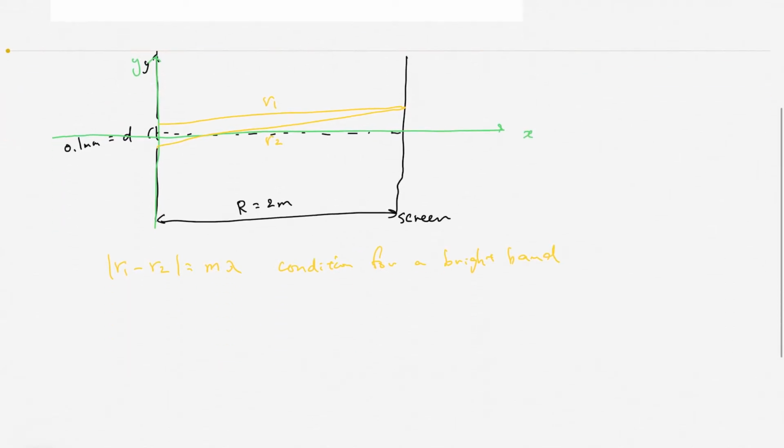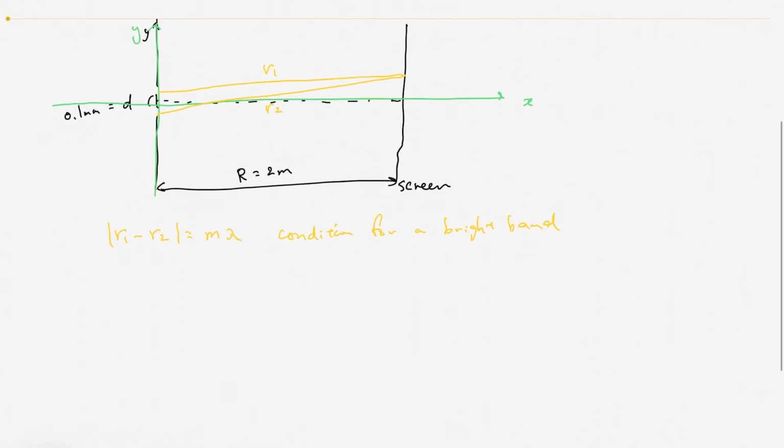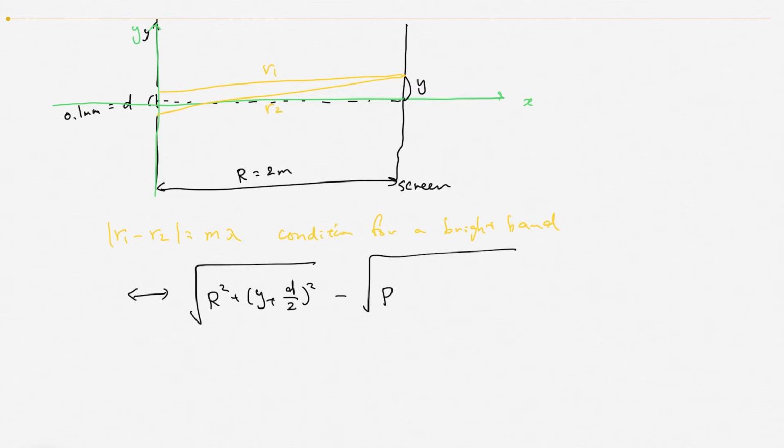And then actually you can use equations. If this is y, then r sub 1 minus r sub 2 is expressed as the square root of R squared plus (y plus d over 2) squared, minus the square root of R squared plus (y minus d over 2) squared, equal to m lambda.